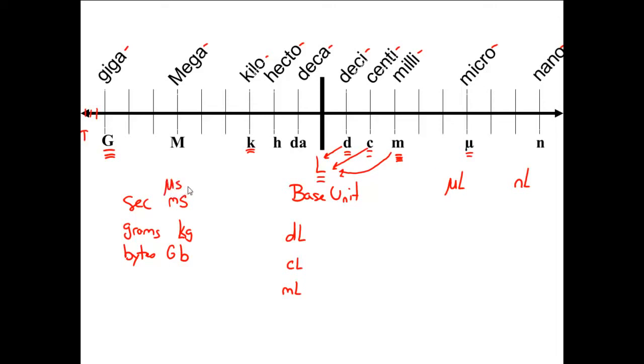So this is basically, in a nutshell, you're going to have a unit of measurement, such as liters, seconds, grams, bytes, etc., all of which are true words and units of measurement, and in front of any one of these, I can throw one of my metric prefixes. And the metric number line is just a simple way for us to get around and do conversions using the metric system.